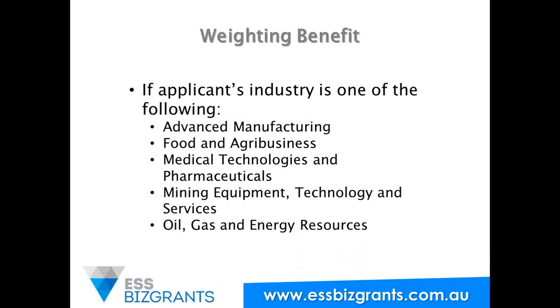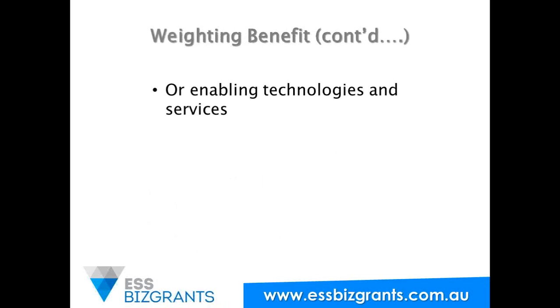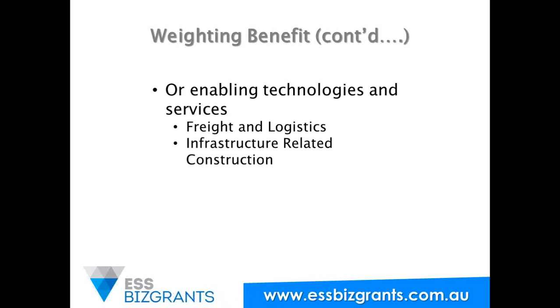Now they're the 5 industries that the Entrepreneur Infrastructure Program, which is what Accelerating Commercialisation is part of, have nominated as being the key industries the government is concentrating on. And if you have a client who is participating in one of those areas, then they can be given an extra weighting in this application process.